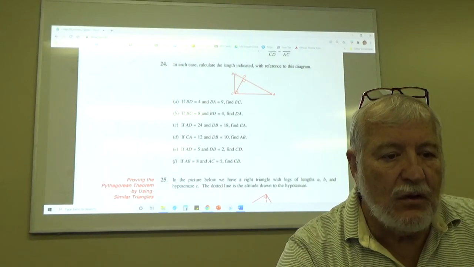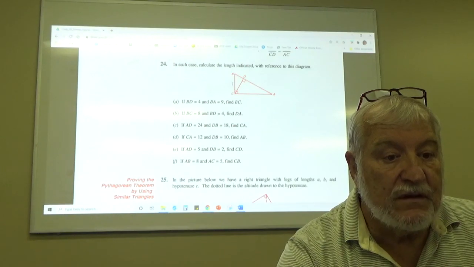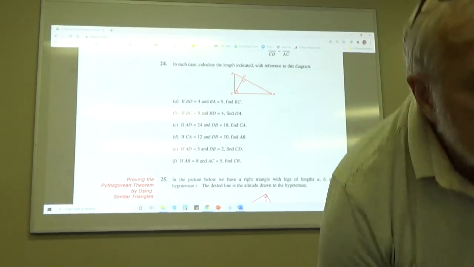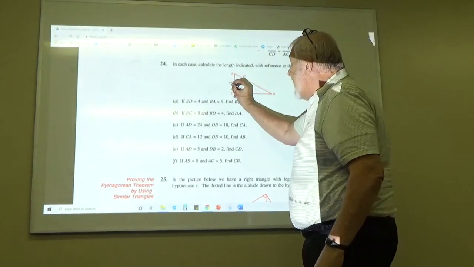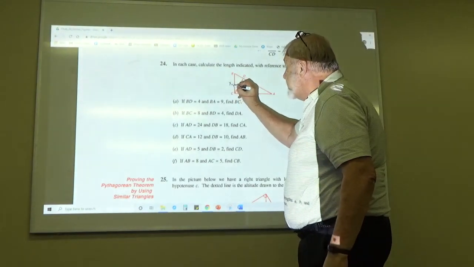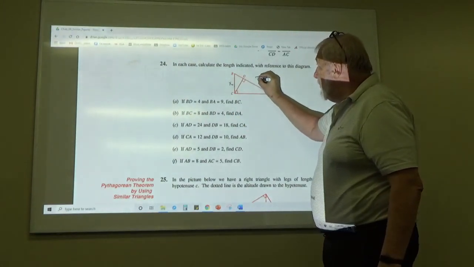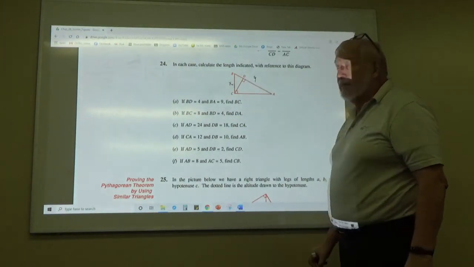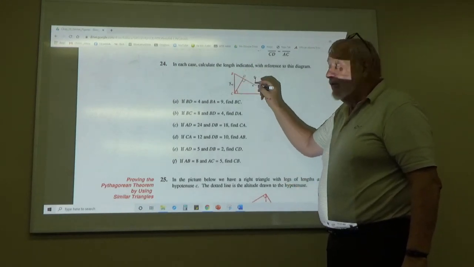BC is this side. Okay, so the hypotenuse of this one, which is x, okay, let's try this one. Okay, the hypotenuse of this is x. That's the hypotenuse. Okay? BA is the hypotenuse of this one. All right? That's in the big triangle, right?